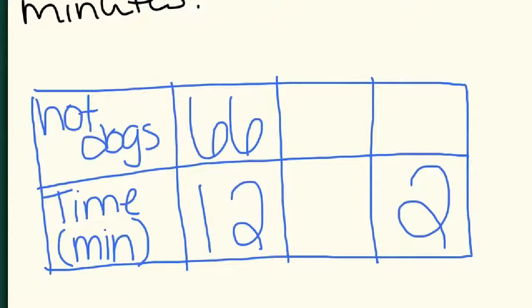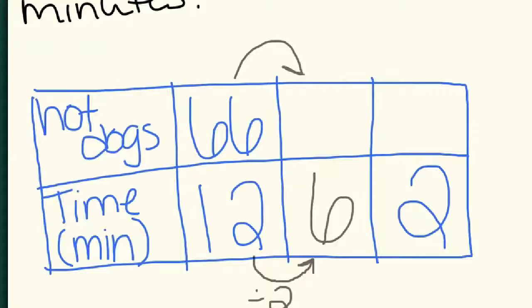So if I, let's divide this right here by 6, okay, so divide by, or not by 6, let's divide this by 2. So then I get 12 divided by 2 is 6, and what I do there, I have to do up here. So then I do 66 divided by 2, which would give me 33. So in 6 minutes, he eats 33 hot dogs.